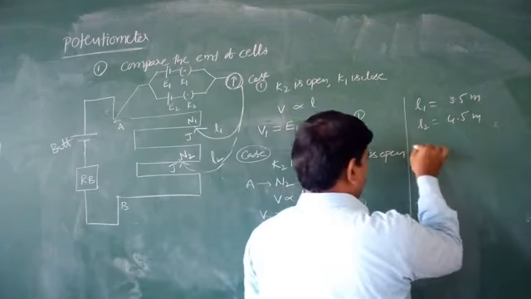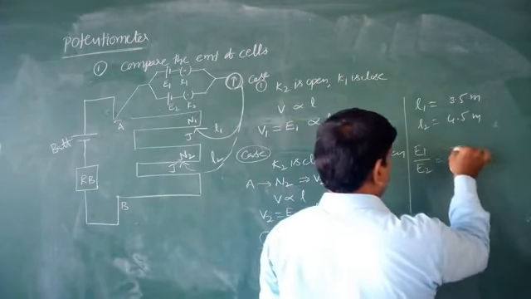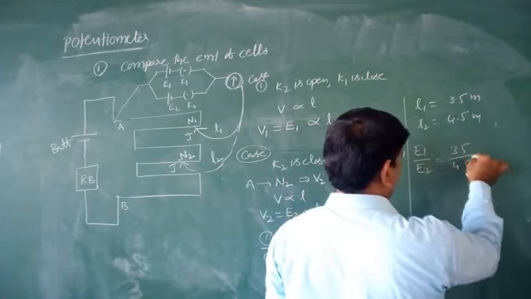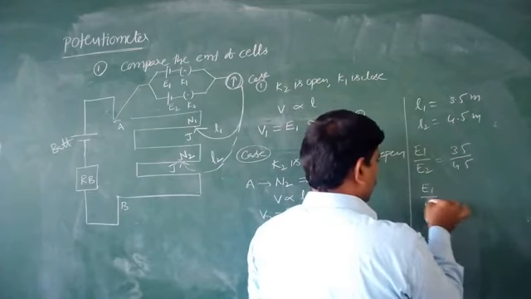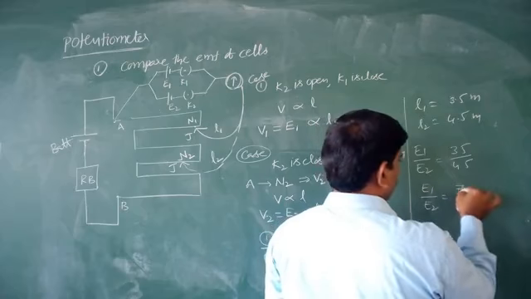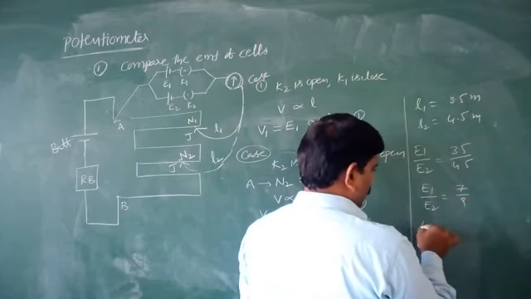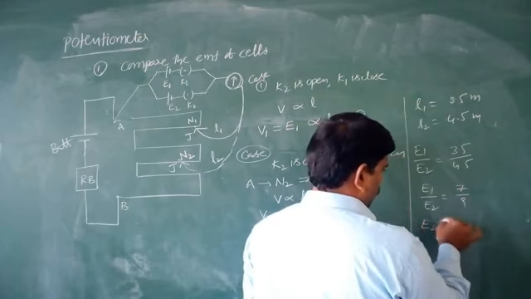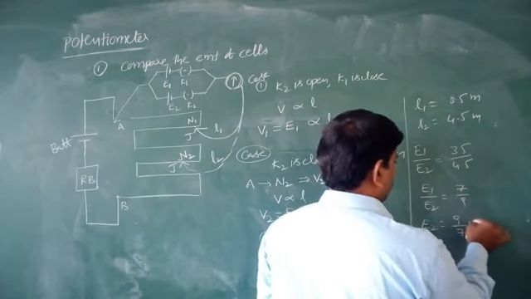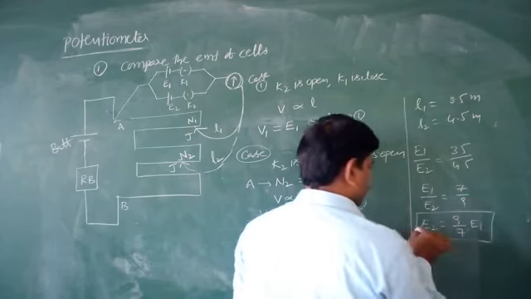Actually, the total length is nearly 10 meters of wire. So E1 by E2 is equal to 3.5 by 4.5, which means E1 by E2 is equal to 7 by 9. Therefore E2 is equal to 9 by 7 times the EMF of the first cell.